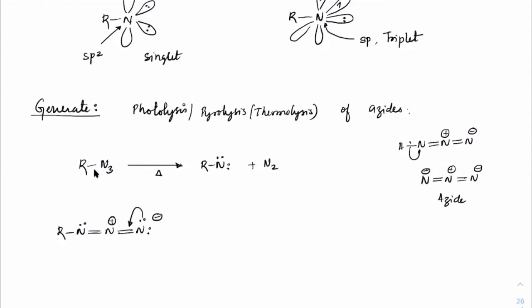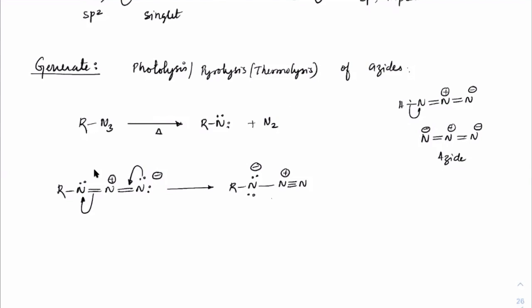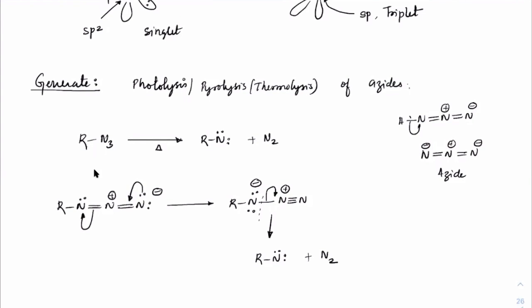So the lone pair will support here as a triple bond, and this pi bond will shift onto nitrogen, giving RN with two lone pairs, single bond, N, triple bond N plus charge, and this is getting minus charge. And on heating, there will be a heterolytic cleavage here, forming this as N with two lone pairs and N2. So that's how you will see nitrene is formed.